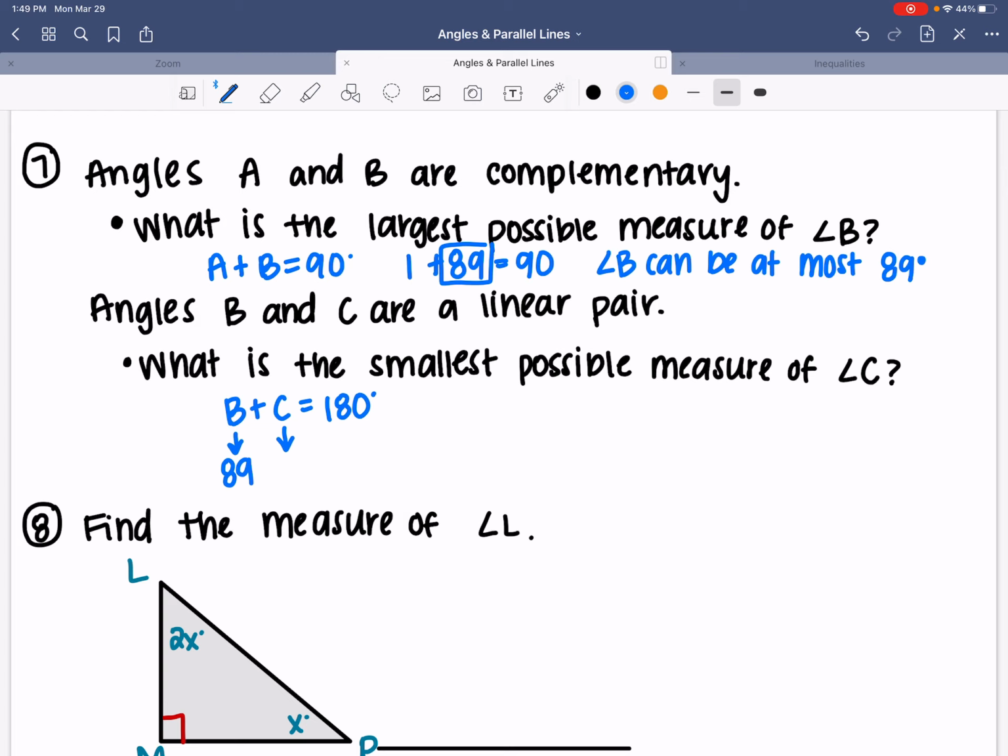So what would C be if B is 89 degrees? So that would be 180 minus 89 equals C. All right, so just subtracting 89 on both sides. So 180 minus 89 would give us 91 degrees. So that's the smallest that angle C could possibly be.